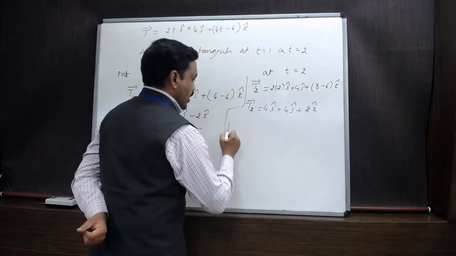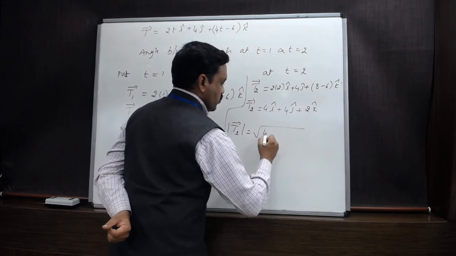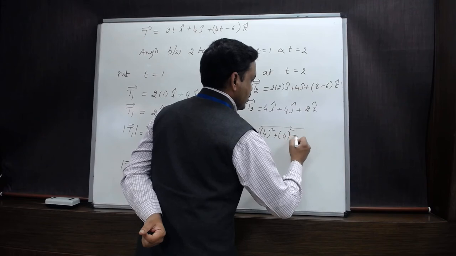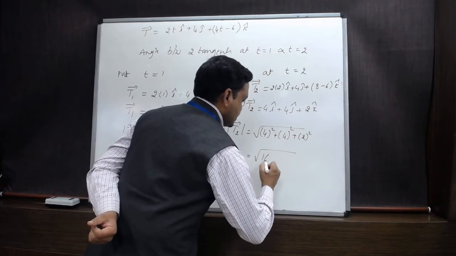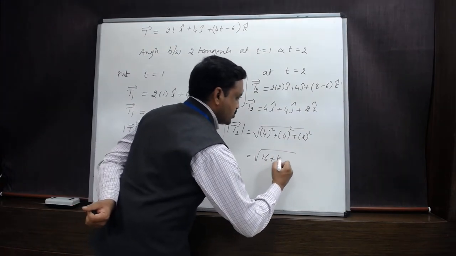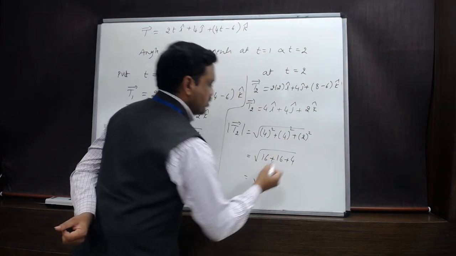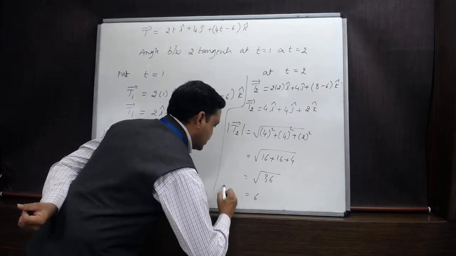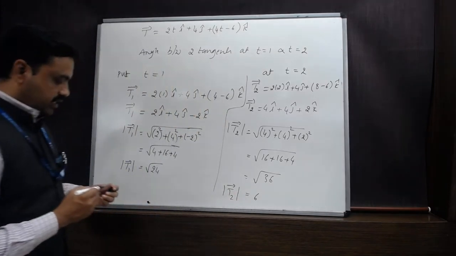So therefore the magnitude of T2 is equal to square root of 4 square plus 4 square plus 2 square. So that is equal to square root of 16 plus 16 plus 4, so that is square root of 32 plus 4, 36, that is equal to 6. This is the magnitude of T2, the second tangent vector.